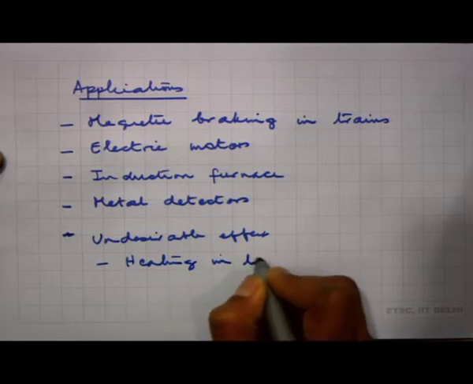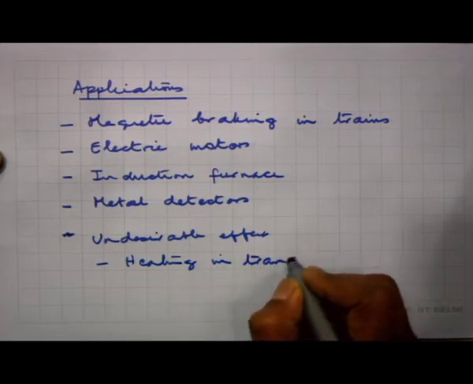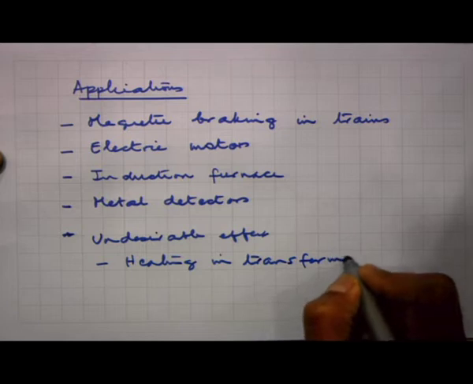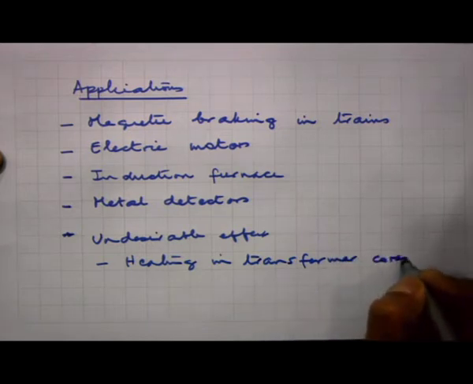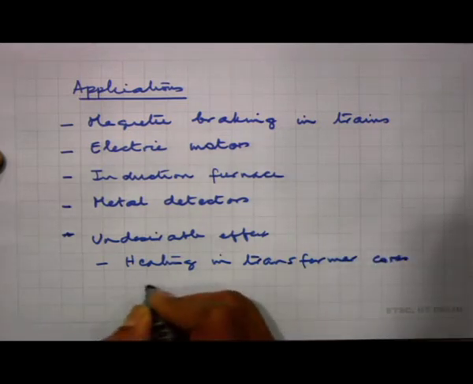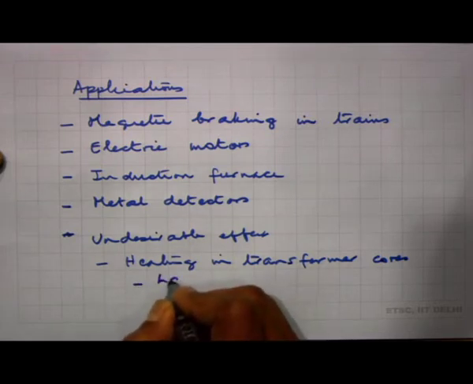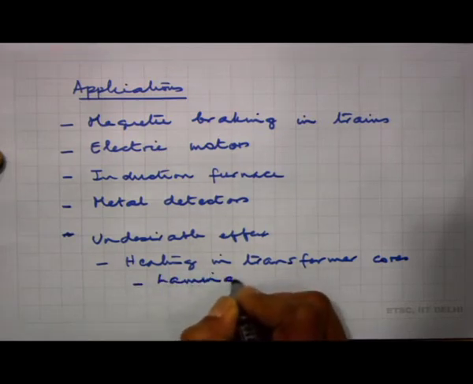in transformer cores, and as I just now mentioned, this can be reduced by laminating the core.